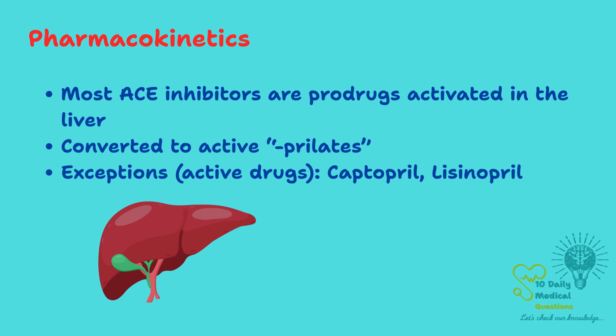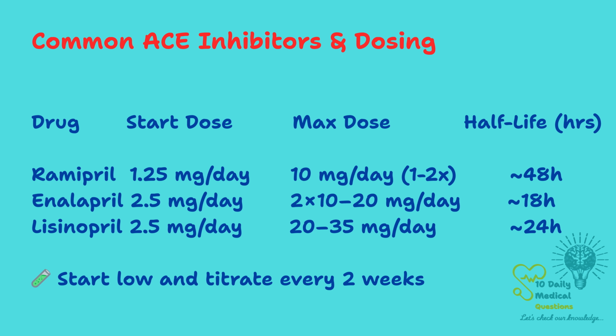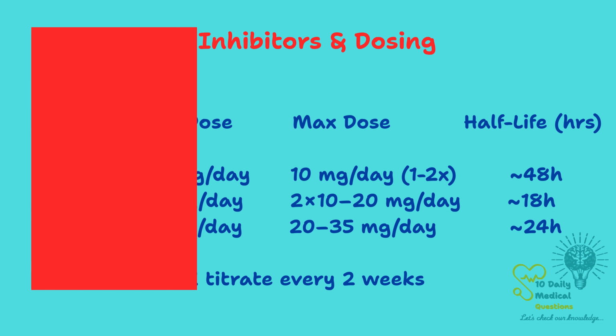After activation, they circulate as prilats, the active form that exerts therapeutic effects. The onset and duration of action vary. For example, ramipril has a half-life of around 48 hours, enalapril around 18 hours, and lisinopril about 24 hours.